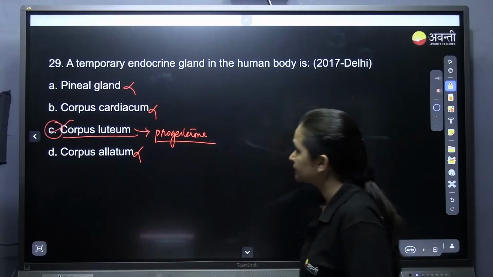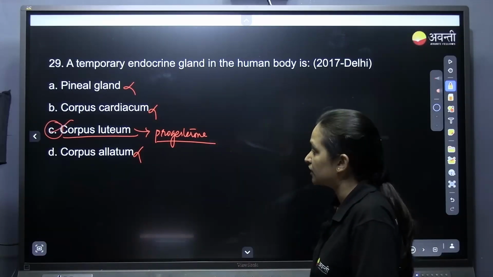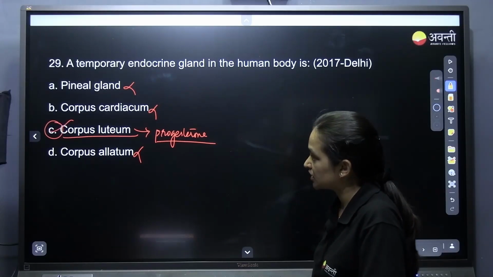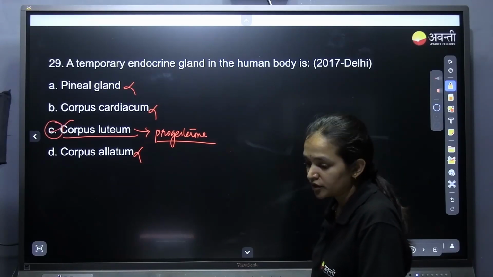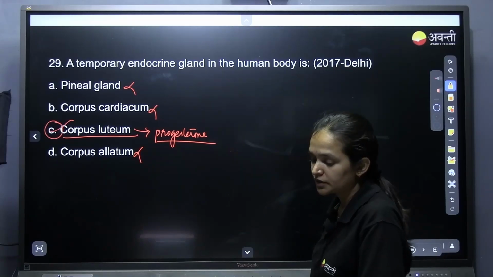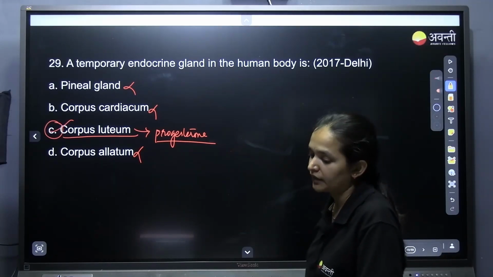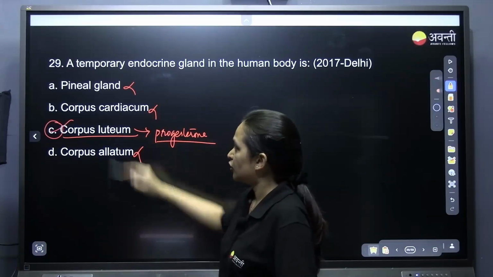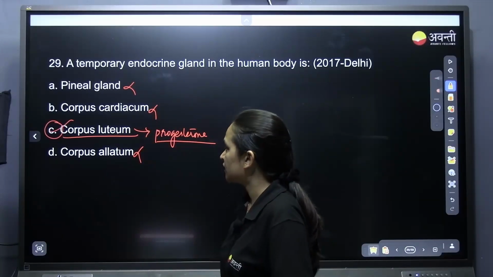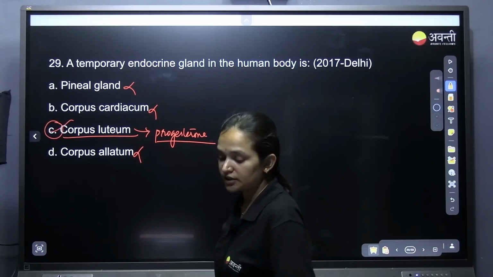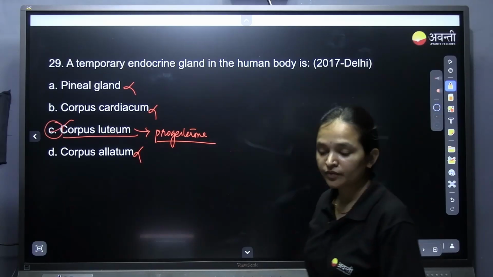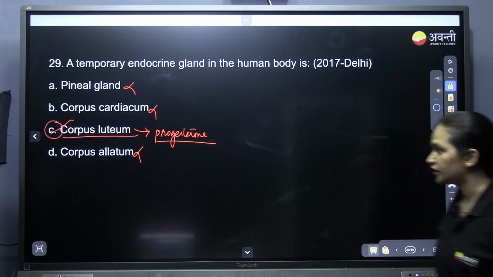Corpus cardiacum and corpus allatum are present in insects like moths, where they help in metamorphosis. So these are not present in human beings. Only corpus luteum is present in human beings, and it is the temporary endocrine gland that produces progesterone.